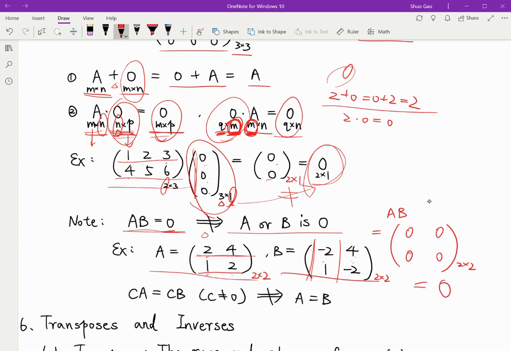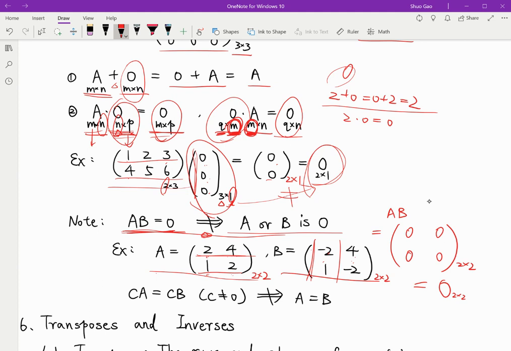So the result is a 2x2 null matrix. Although neither A nor B is a null matrix, the result is a 2x2 null matrix. Right? So A times B equals a null matrix doesn't necessarily mean that A or B, or one of them or both of them, is a null matrix.